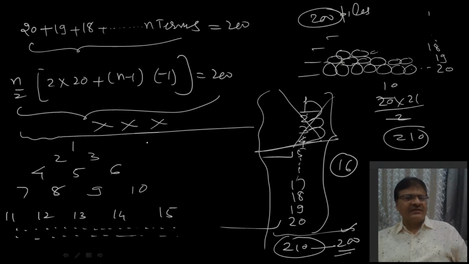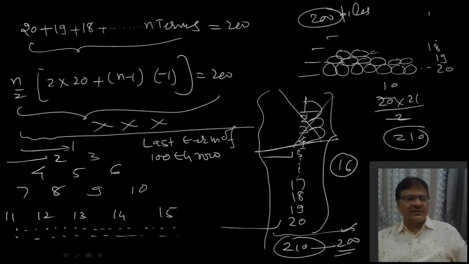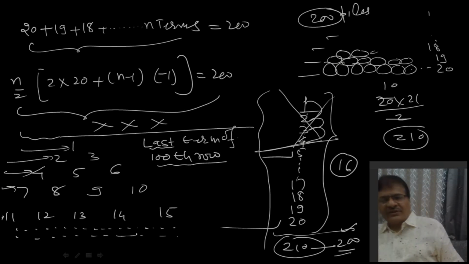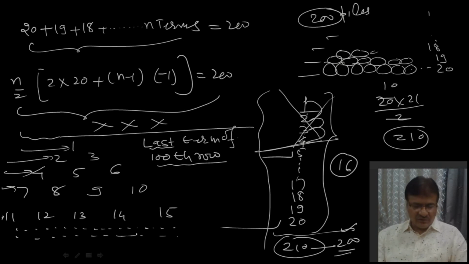My question is about the last term of the 100th row. Suppose there are 100 rows. This is the first row, this is the second row, third row, fourth row, fifth row. So this way I want the last term of the 100th row. That is my question. Now how to solve this question, you see.